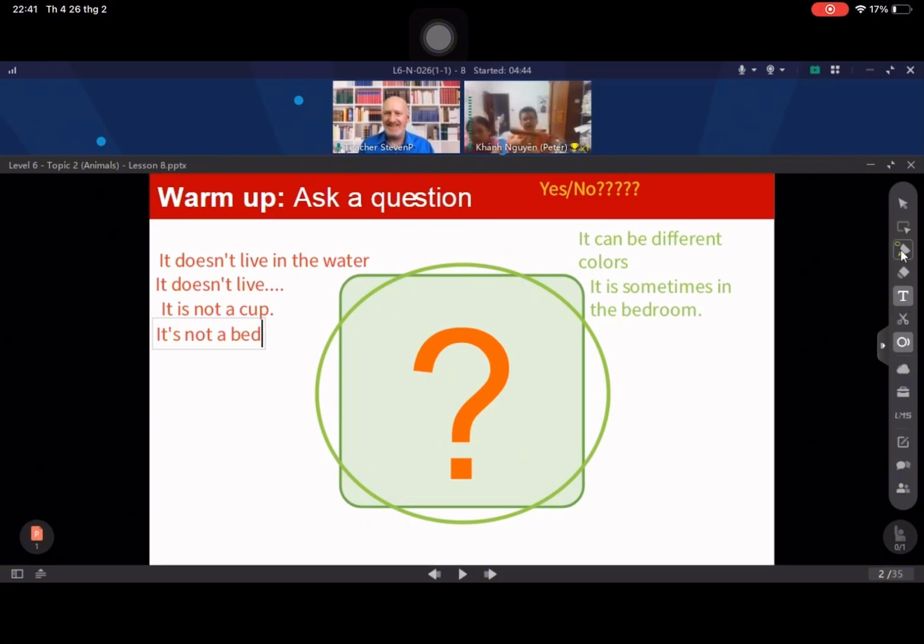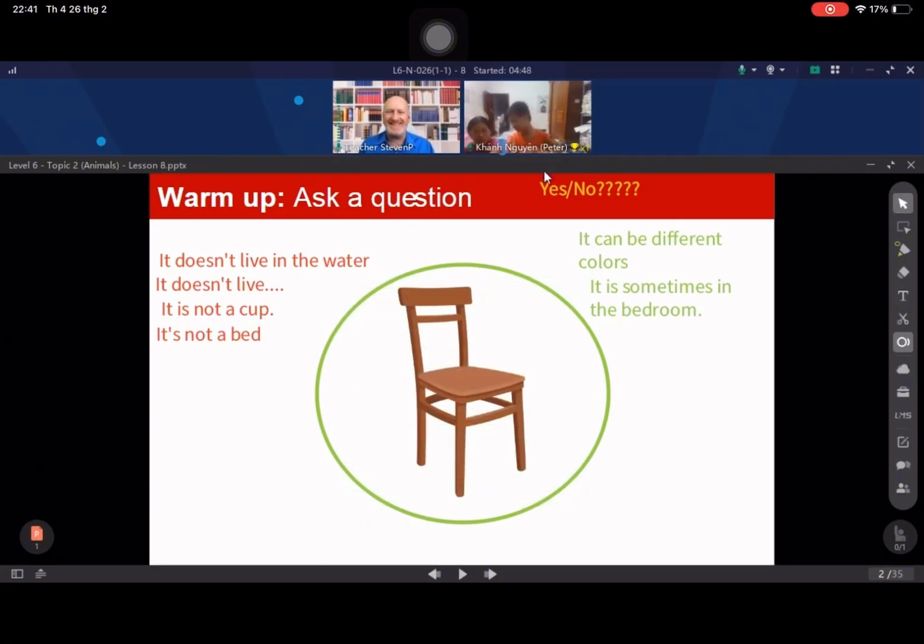Is it a chair? Ah, there we go. It is a chair. Well done, both of you. You both helped to get us there. So good job. It is a chair. There we go.